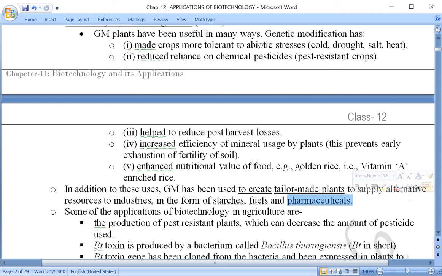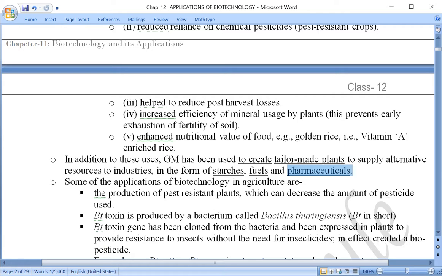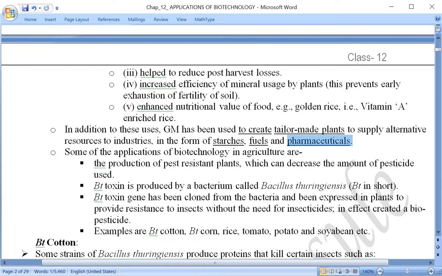You know about pharmaceuticals, which are used for the development of medicines, and medicines are now a part of life. You will find in every family some person having some kind of sickness, and they are taking medicines.